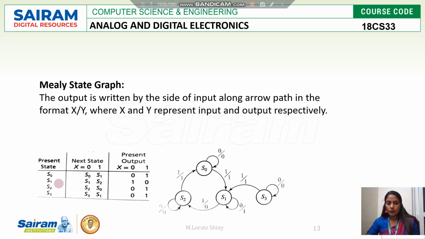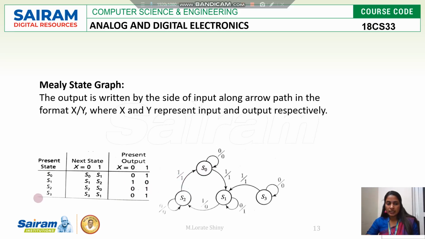Now for state S2. If X is equal to 0, the state remains S2, input is 0 and output is also 0. For X is equal to 1, the next state is S0, input is 1 and output is also 1.